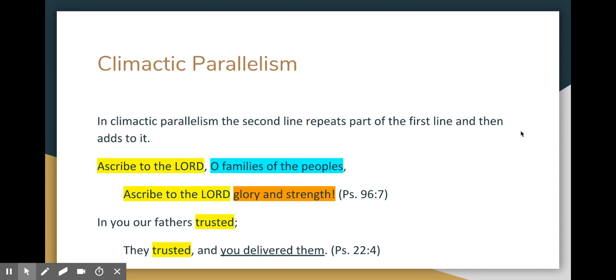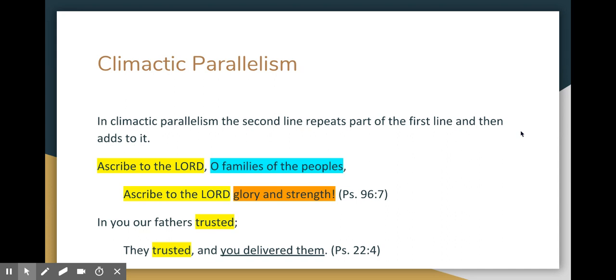They're actually word for word. Ascribe to the Lord, ascribe to the Lord. In the first line, ascribe to the Lord, O families of the peoples. He restates the same beginning, ascribe to the Lord, glory and strength. It brings the first line to its fullness. It adds on to that first line, O families of the peoples, glory and strength.